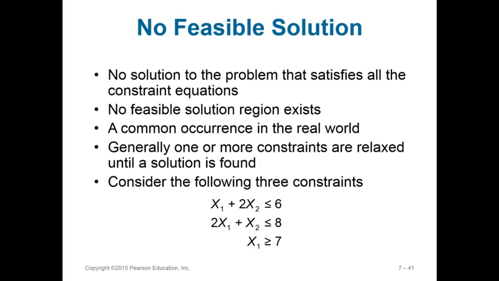No feasible solution is a situation where you may have constraints that work against each other. We'll see one here: because some of the constraints are not workable with other constraints, you come up with no way to be able to come up with a good solution.